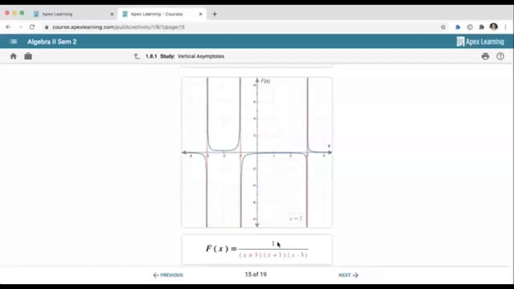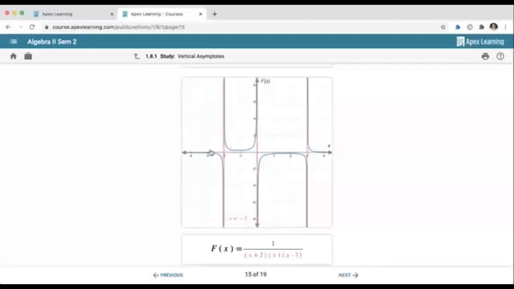And again, remembering that our rules for transforming functions are still in play here, but now we just have potentially multiple places, right? And we're not necessarily changing the entire graph. We're just transforming the vertical asymptotes themselves, right?